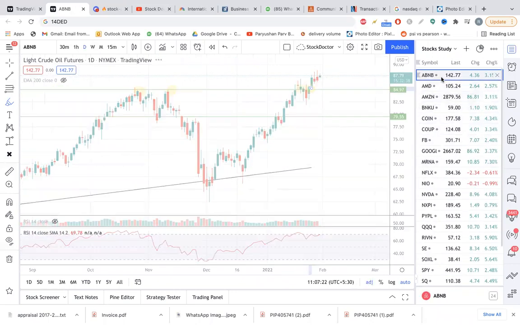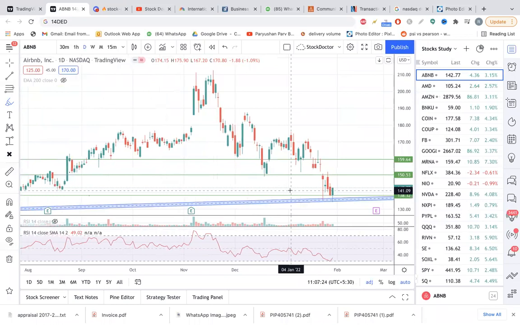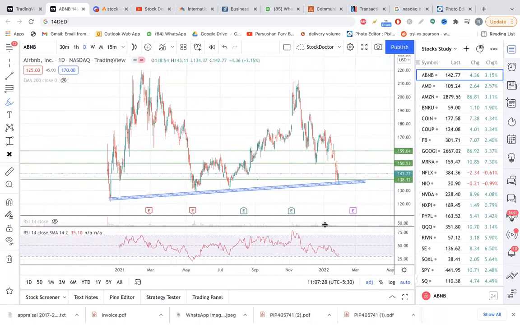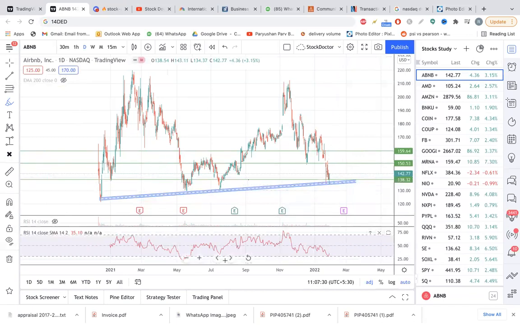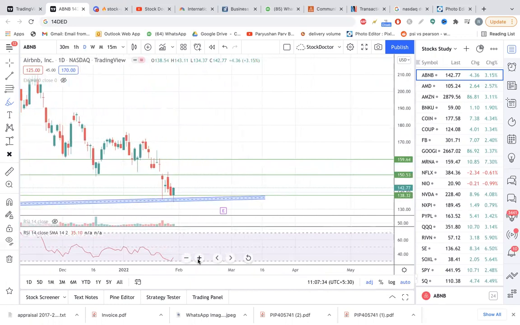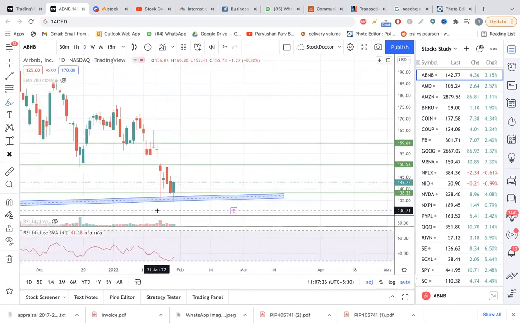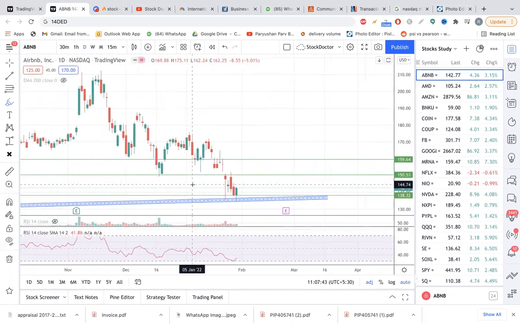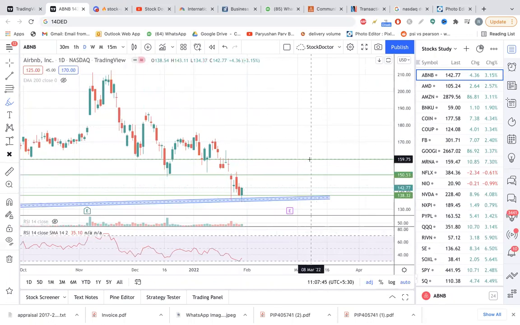So first we'll talk about Airbnb. Airbnb is trading about this support area at this point of time, and it has created a very good bullish harami, or you can say bullish engulfing pattern, and it has the first resistance around 150.